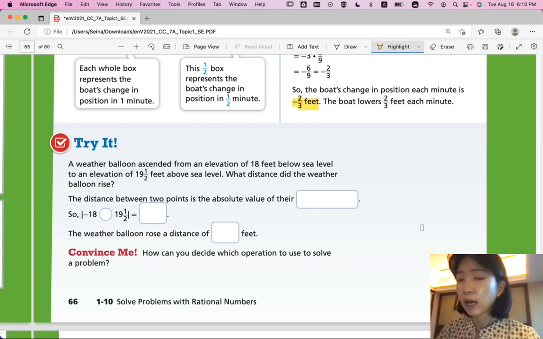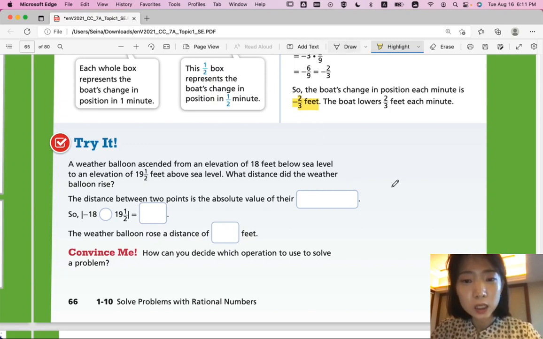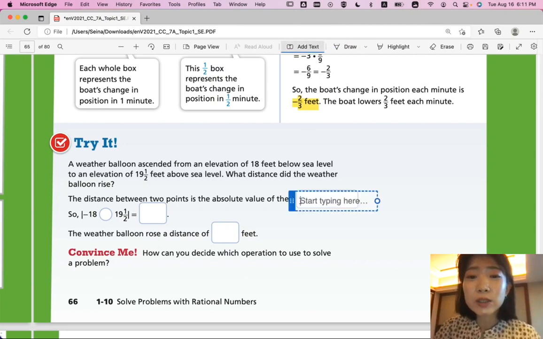Okay, are you ready? So the distance between 2 points is the absolute value of their difference. You're going to find the difference.